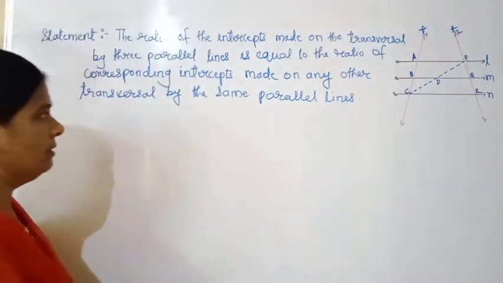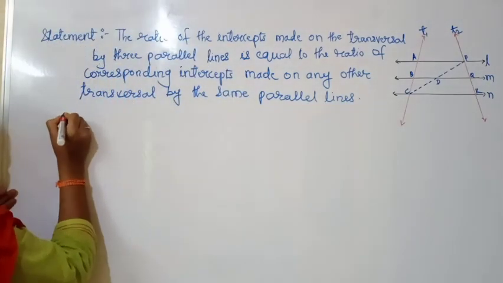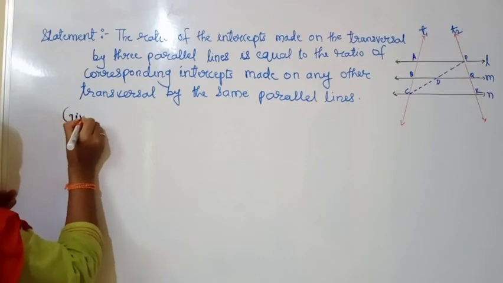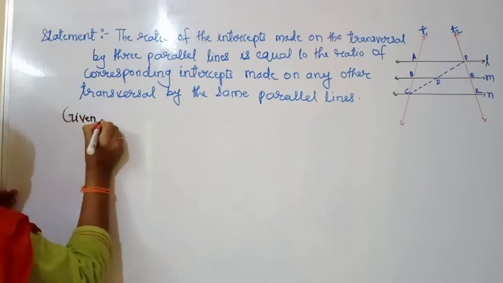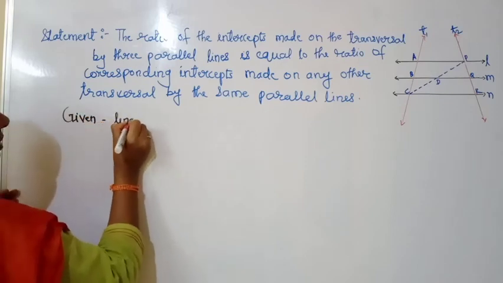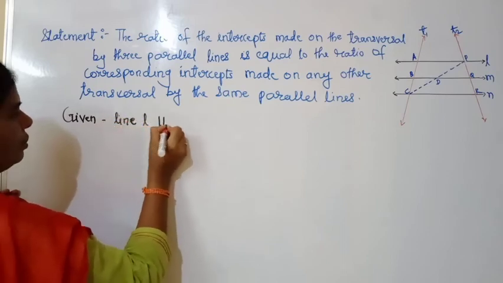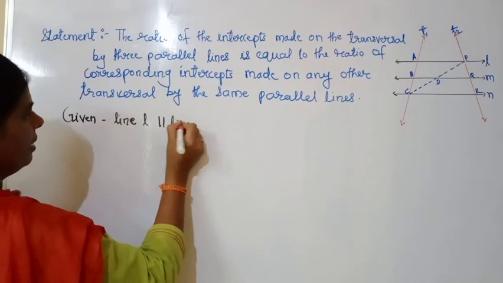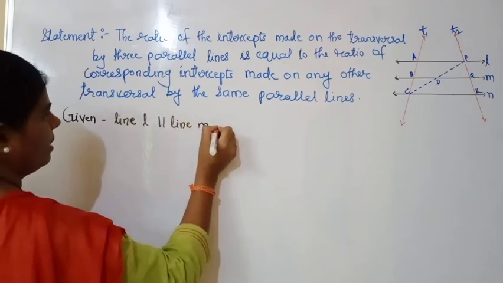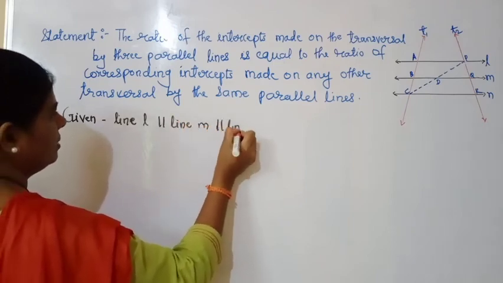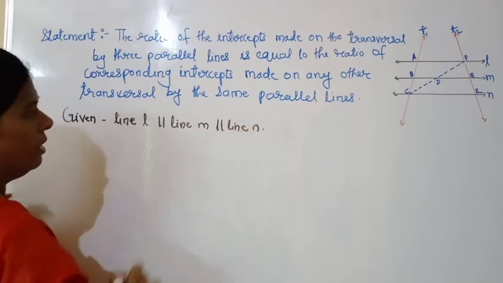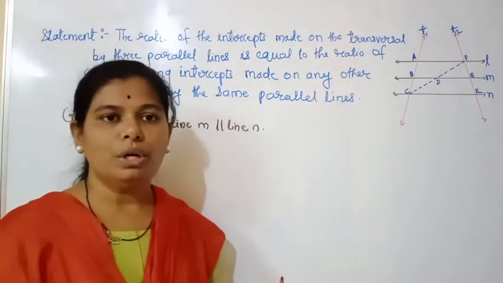So now we will write the given. What is given? As we can see, line L is parallel to line M, parallel to line N. So these lines are parallel to each other.